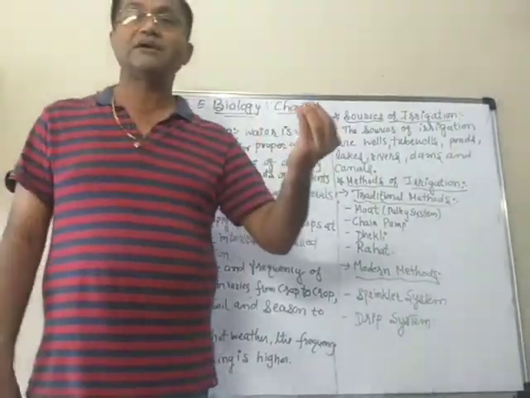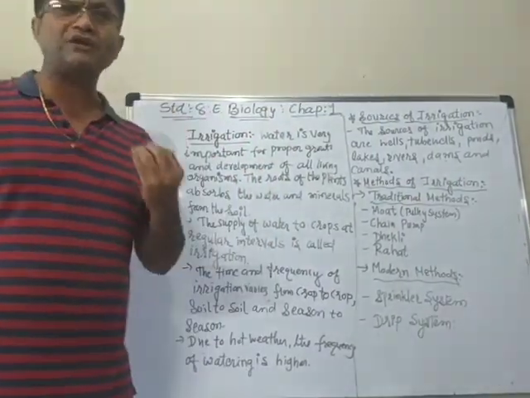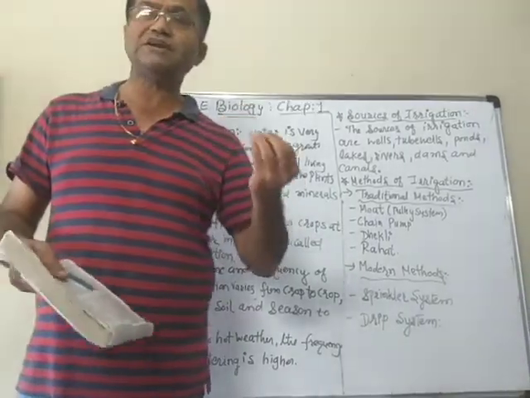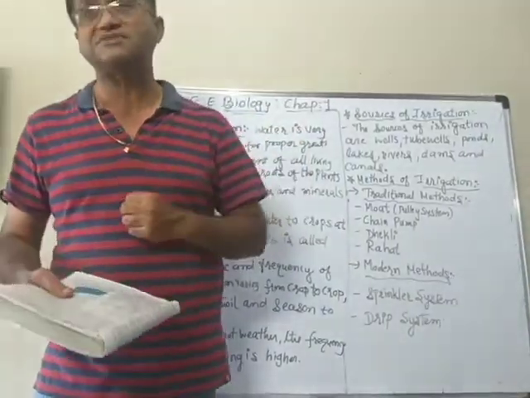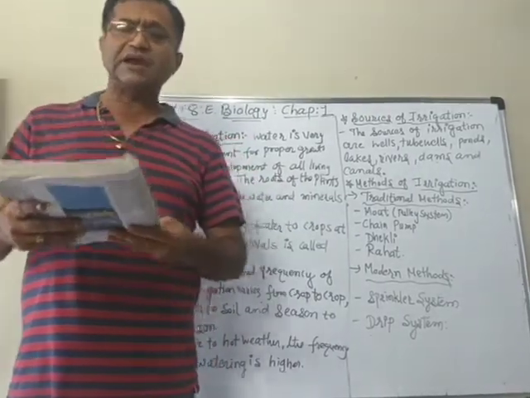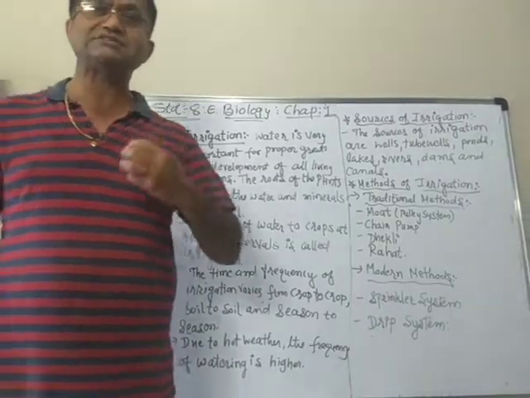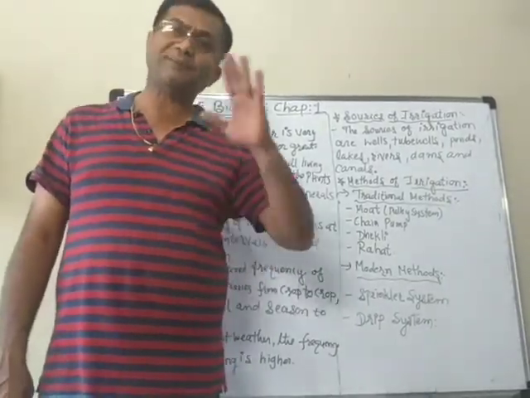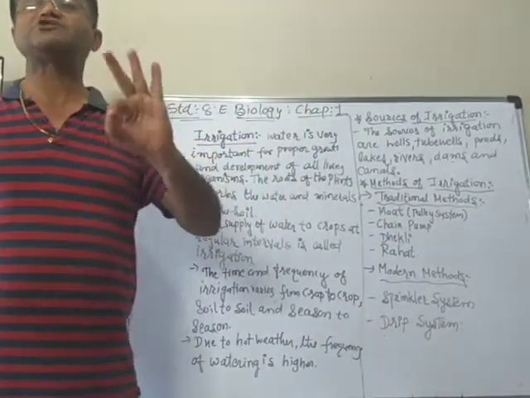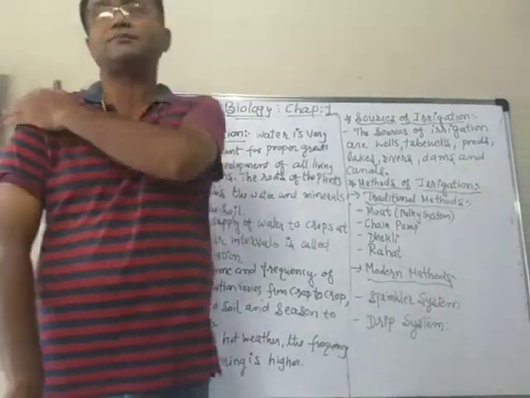It doesn't matter whether it is an animal or plant, everybody needs water, because water is the main part of our cell. In the cell, we know that 85 to 90% is water, and all the activities in the body of plants and animals take place in the presence of water. So water is very, very important.